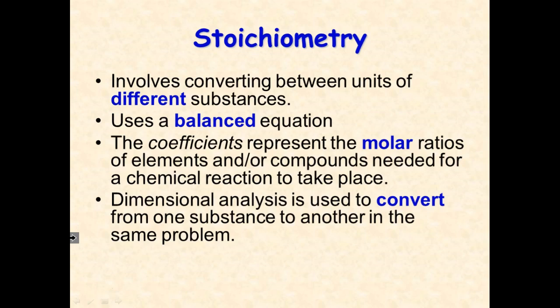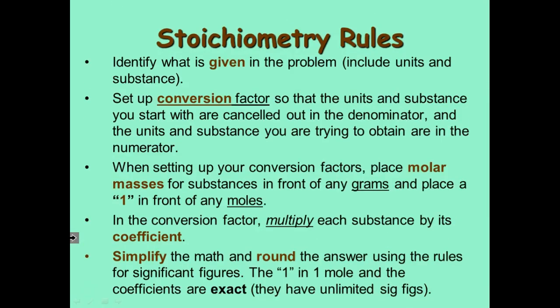This is going to look a lot like what we did with mole conversions, and the only piece of reactions that we're going to need to solve stoichiometry problems are the coefficients in the balanced equation. So these steps are going to look really familiar. You've got to figure out what you're starting with. You do need to make sure you include the chemical formula of the substance that you're starting with, since you're not going to stay with just that particular substance.